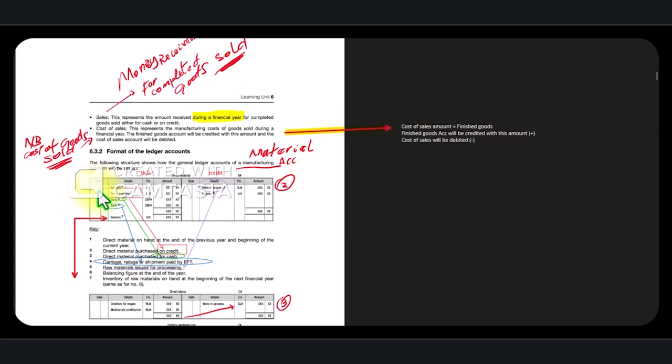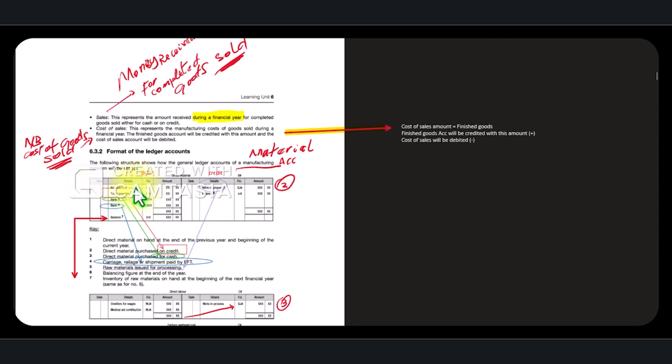So it is very important to understand that there is an element of balancing your left side with your right side, your debit with your credit. It is very important that you remember your accounting module 101, right?